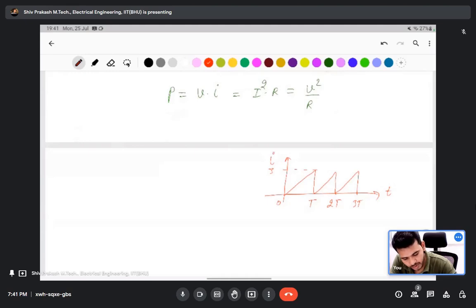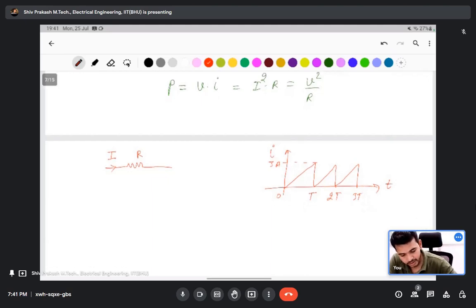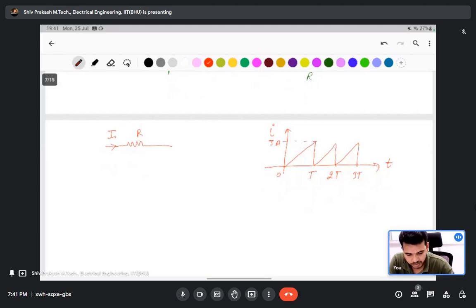This is an example. Suppose you have one resistance and this current is flowing through the resistor. Then what will you take, the average current or the RMS current of this waveform? This is an important thing.